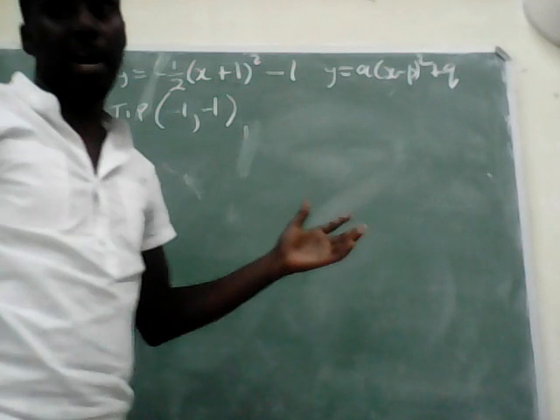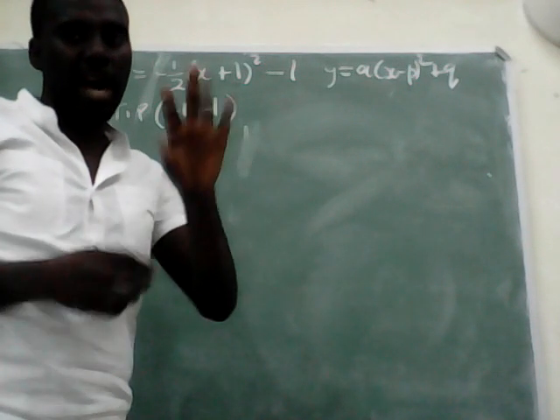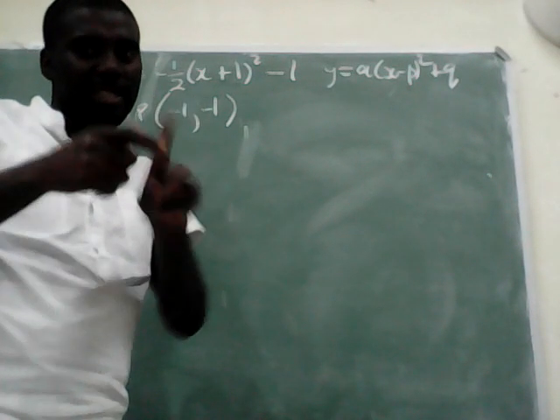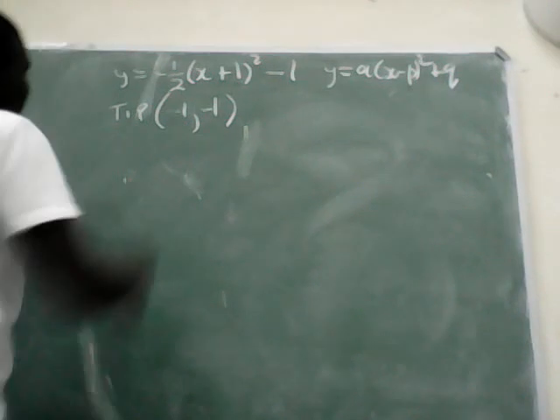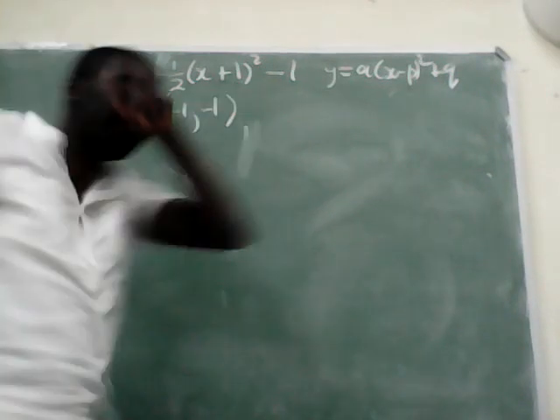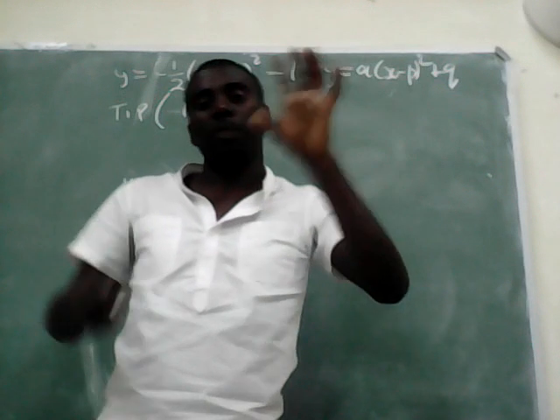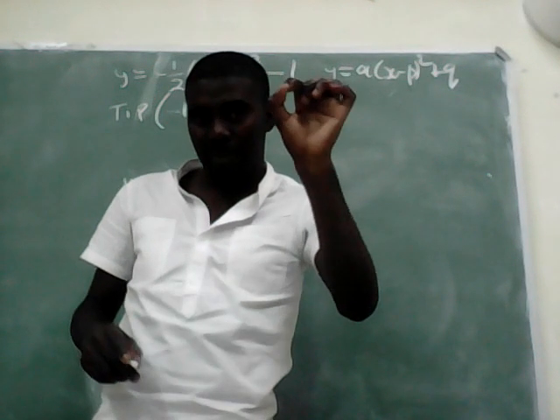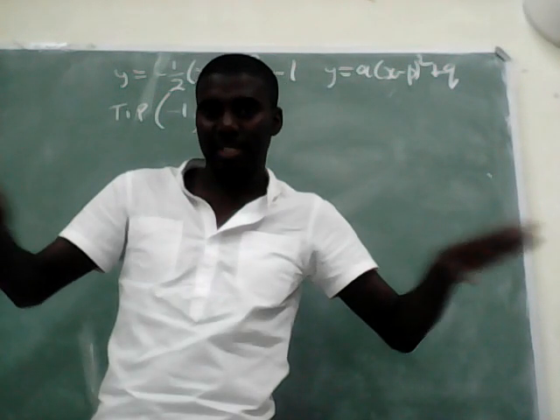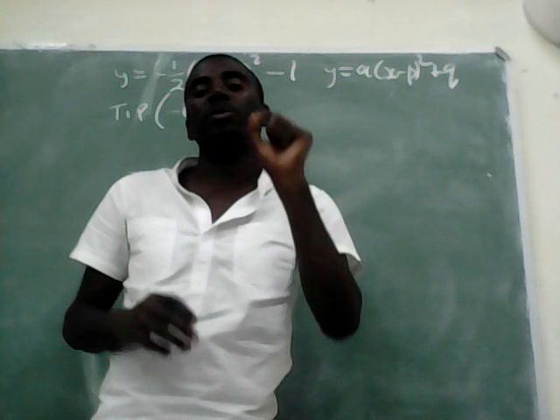Now, what is required for us to find are only two things: the x-intercept and the y-intercept. To find the x-intercept, you must make y equals 0, because always on the x-axis, y is equal to 0.